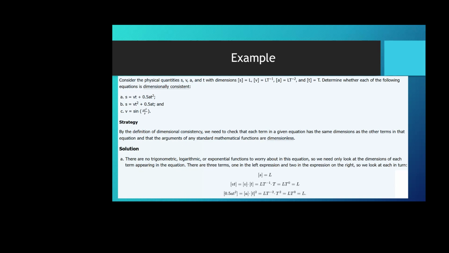Then that's it. What about this one? Completely inconsistent. I will show you why. You have velocity, sine, a trigonometric function, at squared, s. First, I will ask a question.